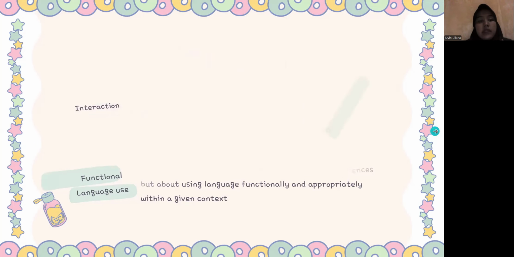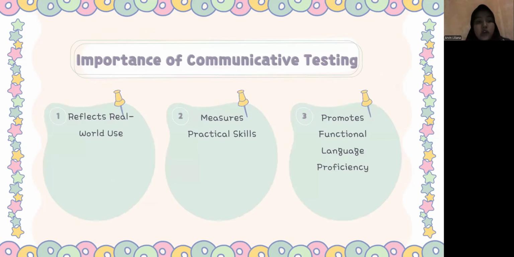Next is the importance of communicative testing. The first is reflecting real-world use. Communicative testing allows us to see how well students can use language in situations they might actually encounter in daily life. This is different from traditional tests, which often focus only on grammar or sentence structure without considering real-life context.